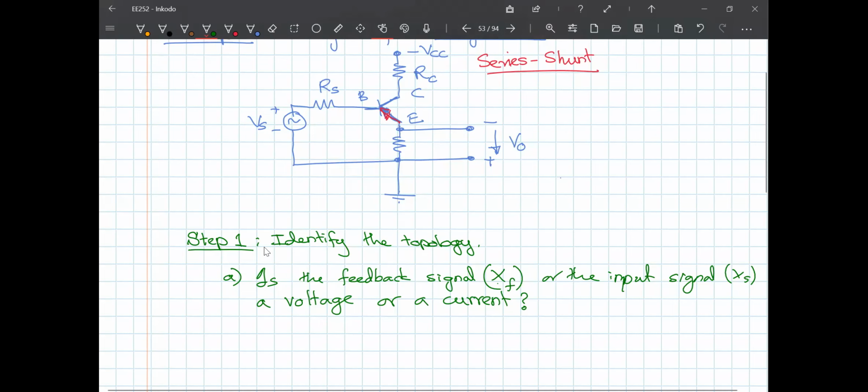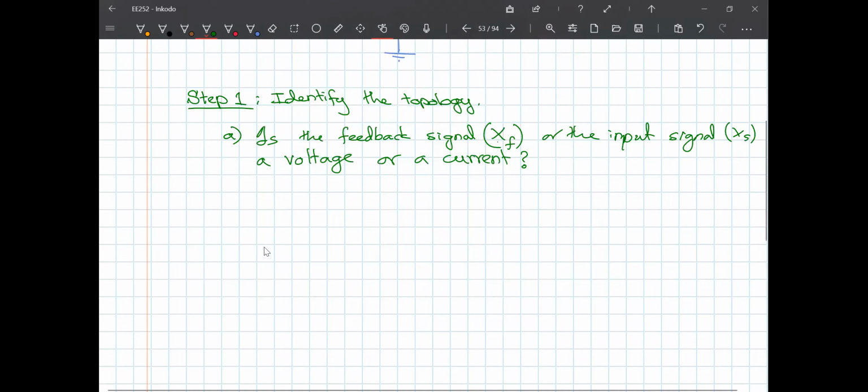You can do it either by looking at the input signal or the feedback signal. In other words, whether the XF is applied in series or shunt.